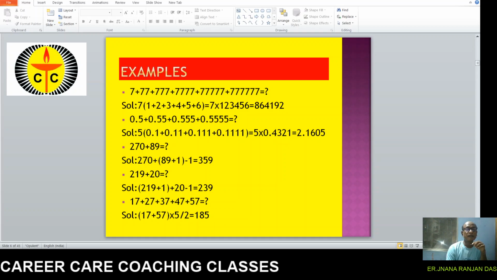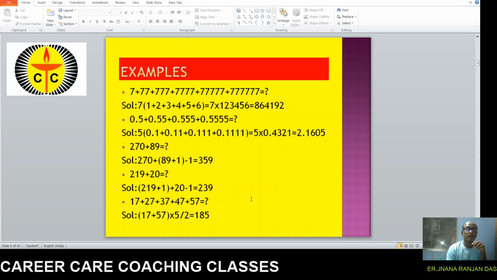Here you can write the first number and the last number. The number of numbers which are added, that is 17, 27, 1, 2, 3, 4, 5. So total number of numbers added is 5.